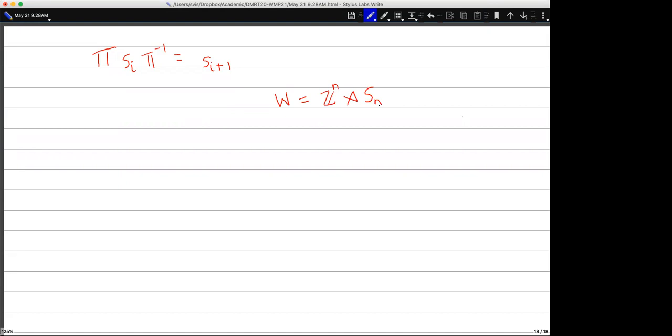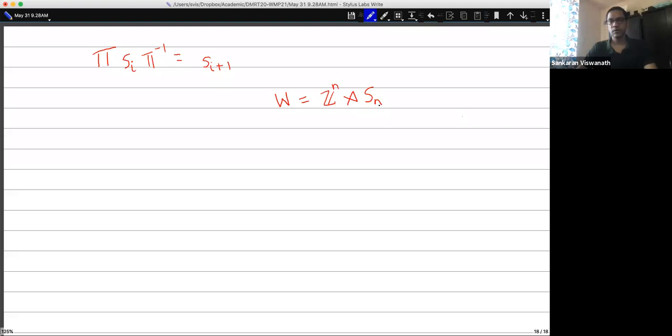Then the well-definedness of tau of W, is it clear? Is it trivial? No, that's what Aritra was asking. So the statement now becomes: if I take any two reduced expressions of an element of W, which now will involve pi's and pi inverses as well, can you get from one to the other by applying either the usual braid relations among the S_I's or these additional braid relations which involve pi's?